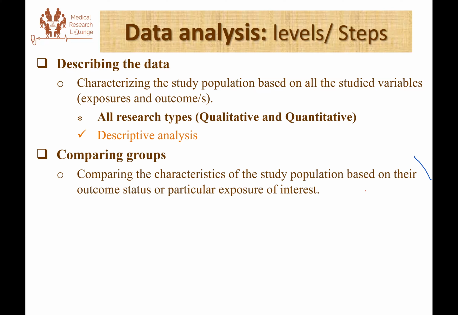By comparing the groups, we reach a conclusion on whether running the analysis with this population group is fair or not. So comparing groups is a very important step in analyzing a comparative research design study. For this, we use inferential analysis, particularly comparison analysis. We have covered these two in the previous webinars.